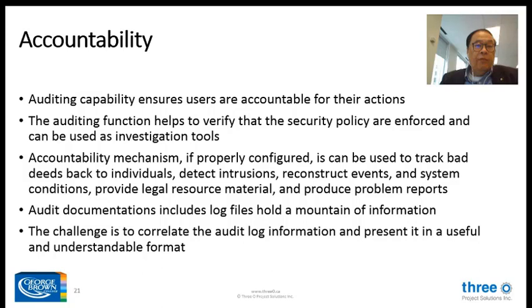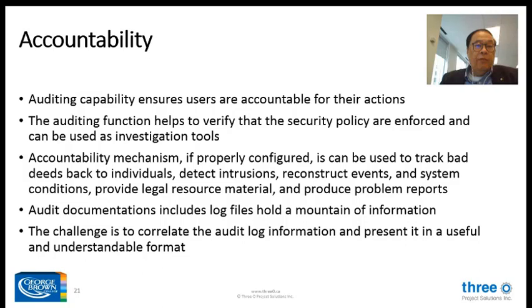Then at least there's an accountability that people will be able to find out. So just the mere fact that the system has an audit trail, has a reporting capability, that whatever you've done, it's accountable. Just that information will have some deterring effect on people trying to cheat the system or trying to do something that is illegal or against the policy.